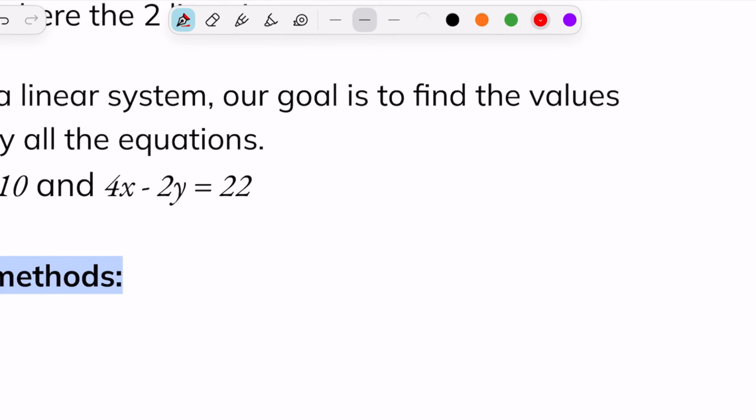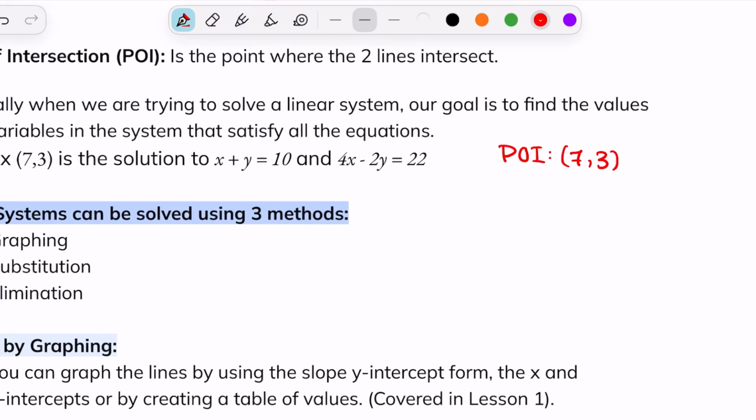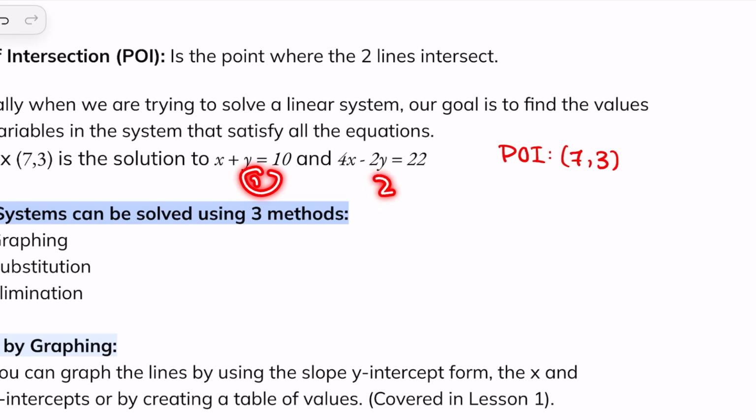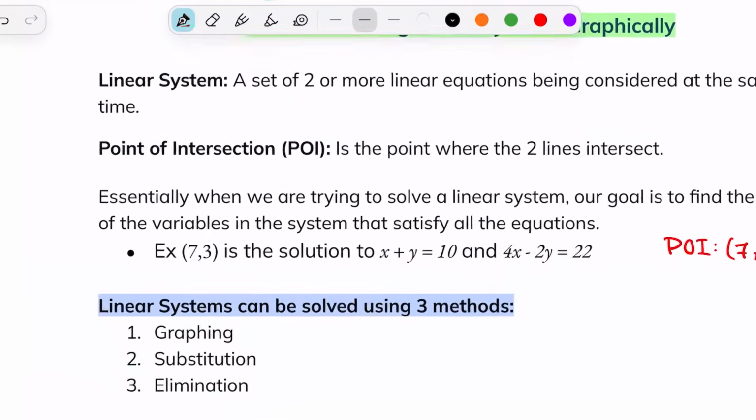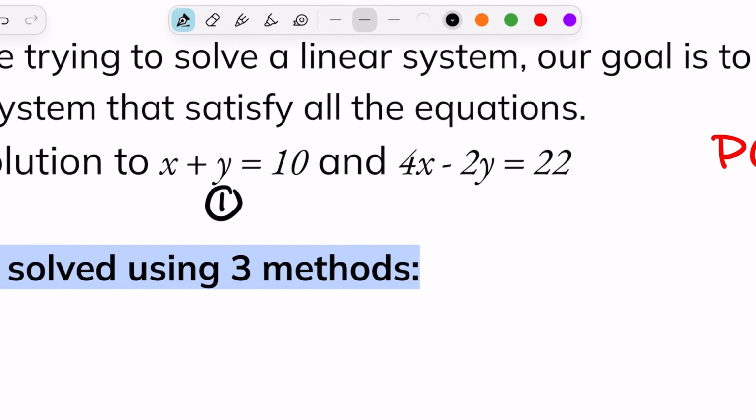Here, our point of intersection is (7, 3), and I want to prove to you that this point is the actual point of intersection. The way we want to do that is to show that this point right here satisfies line 1 and line 2. So let's call this line 1 and this one line 2.